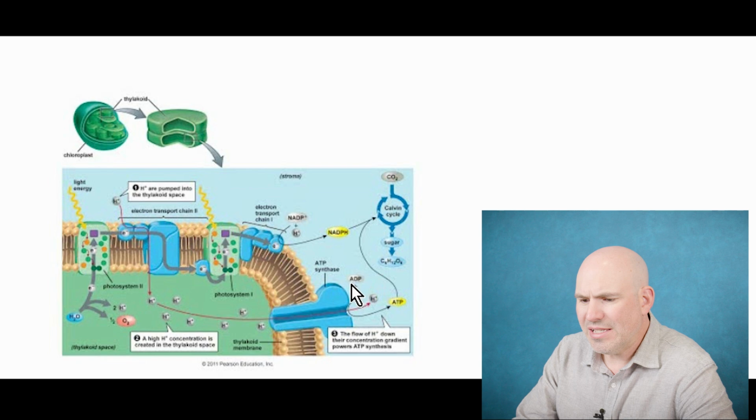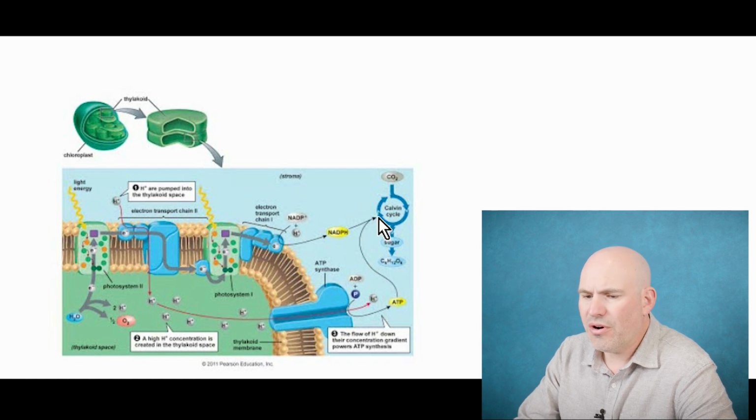And so adenosine diphosphates, which were coming from the Calvin cycle, will then come over to ATP synthase along with some phosphates, and then the energy created while these protons shove their way through ATP synthase will be used in order to attach the extra phosphate to ADP in order to create ATP. And now that ATP will go to the Calvin cycle to power the Calvin cycle.